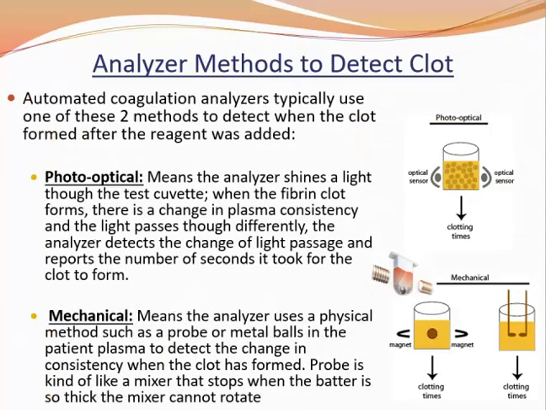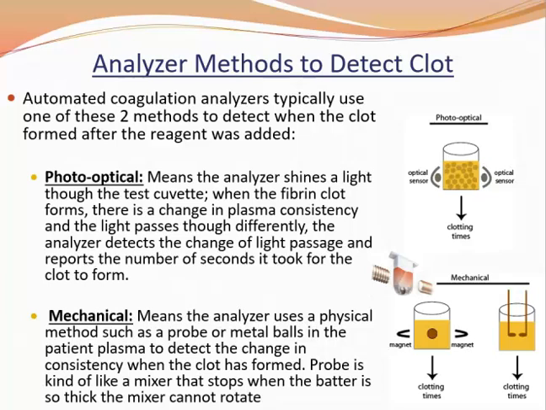So how do these automatic coag analyzers detect clots? What's the mechanism or the method to detect clots? There's basically two methods. There's the photo-optical and there's the mechanical. For the photo-optical, basically a light is shone through a cuvette, a test cuvette with the sample in it.